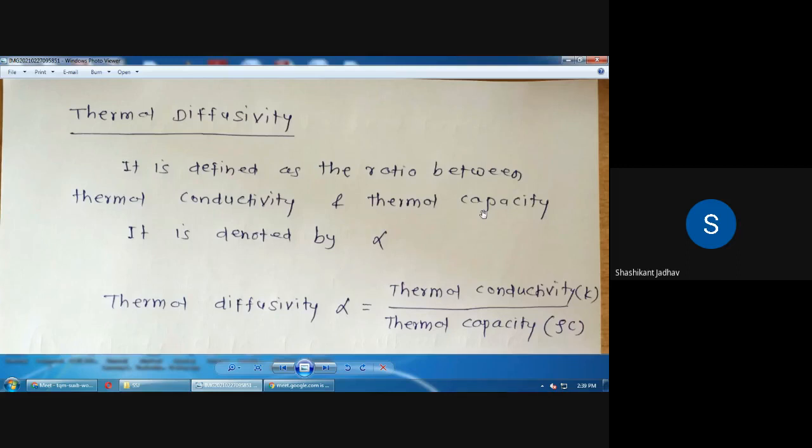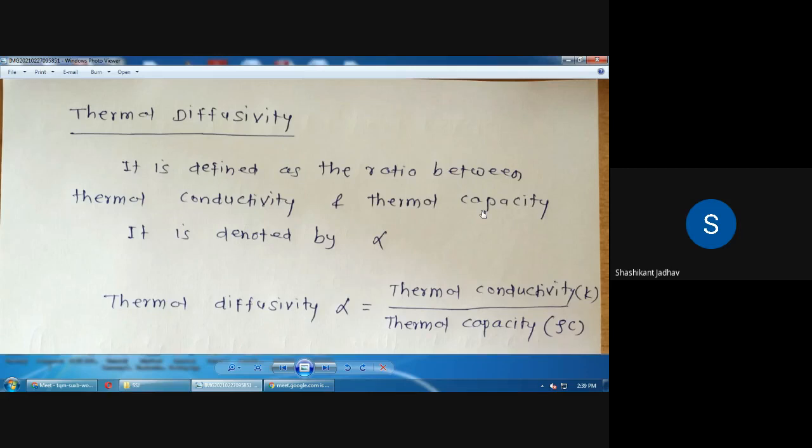So what is the definition of thermal diffusivity? It is defined as the ratio between thermal conductivity and thermal capacity, full stop.